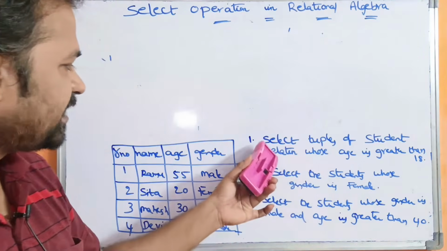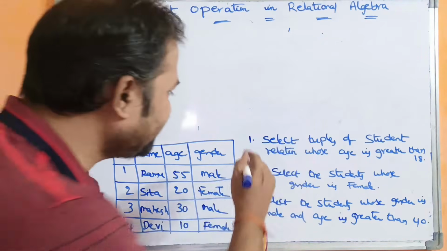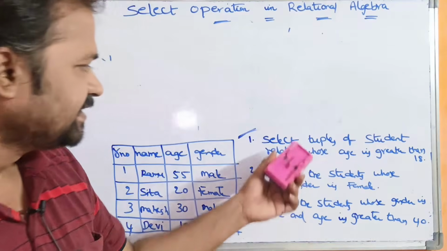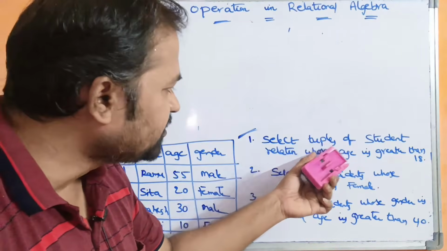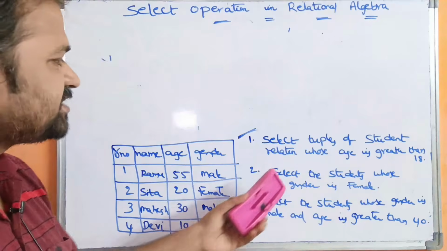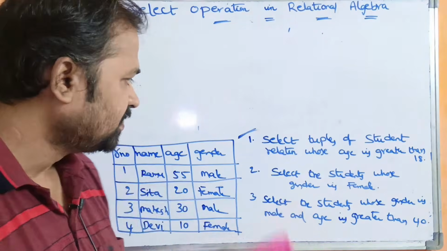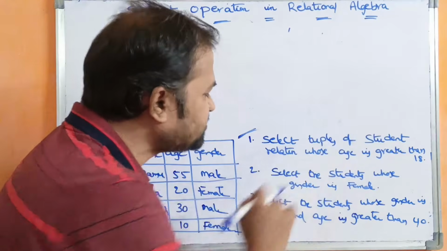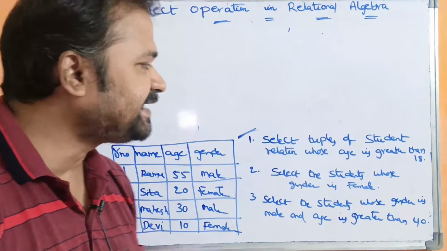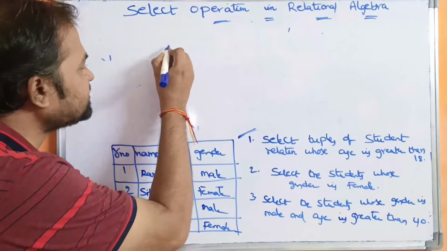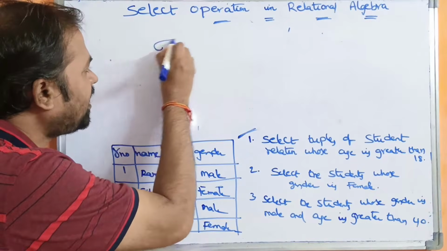Let us see the first query. Select tuples of the student relation whose age is greater than 18. Select means the symbol is sigma.